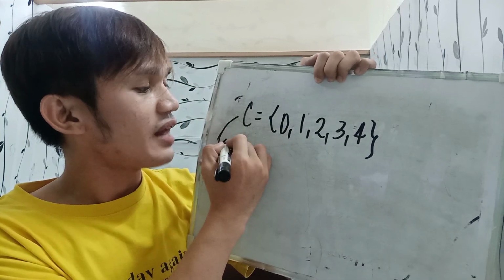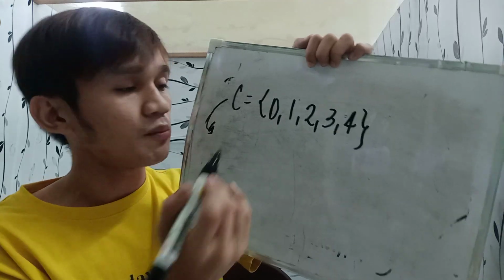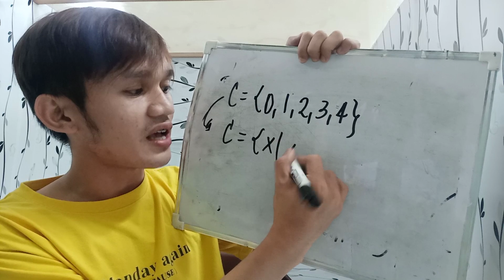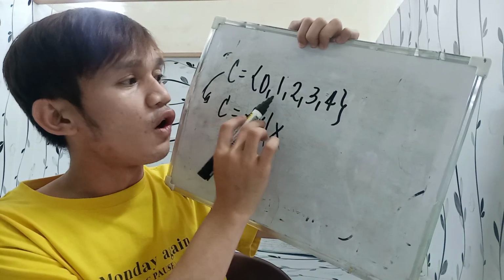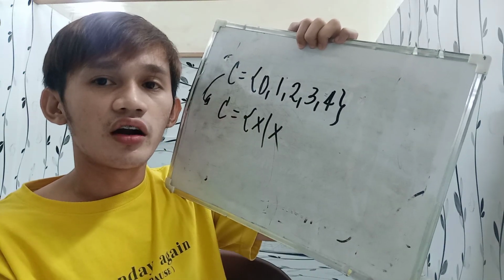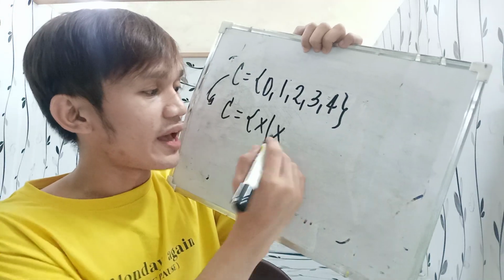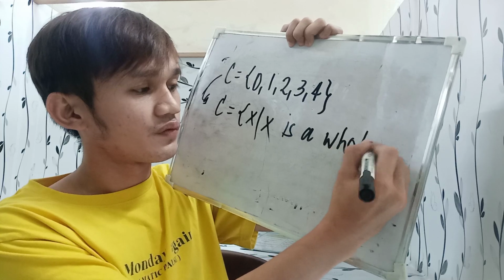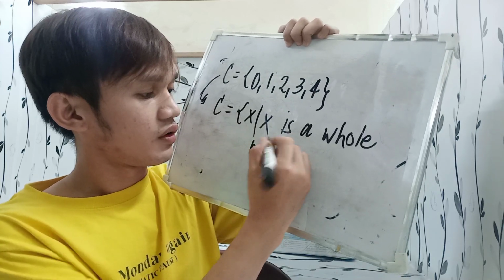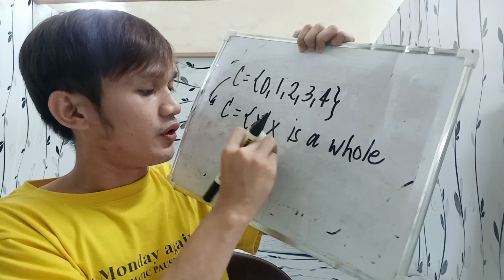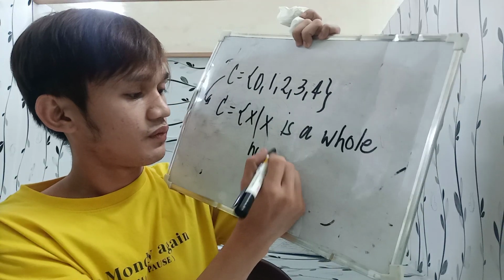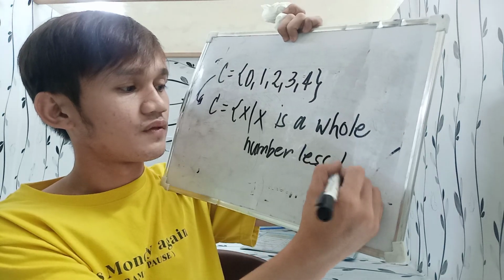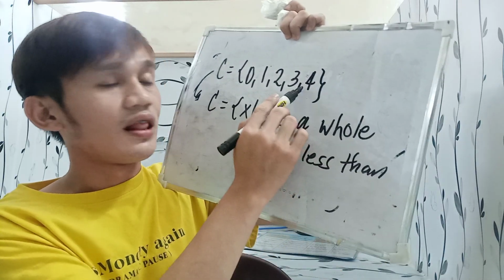You are going to write that in rule method or set builder form. So this will be C equals x such that x. All these numbers are whole numbers. So x such that x is a whole number less than 5.